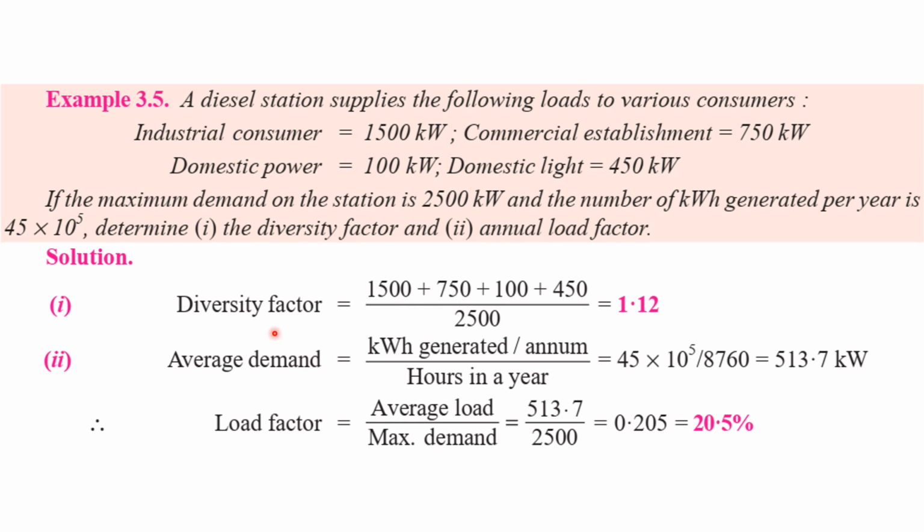So average demand is the kilowatt hours generated per year divided by the hours in a year. So 445 times power 5 divided by 8760 gives you 513.7 kilowatts. So load factor can be easily found from the average load divided by maximum demand. Maximum demand is given to you, 2500 kilowatts. Average load is from here. So the load factor of this power station is 20.5%.